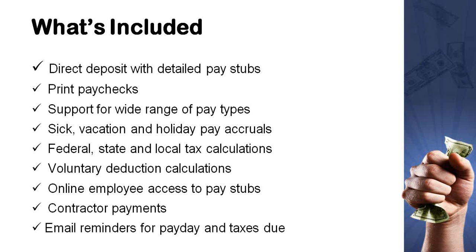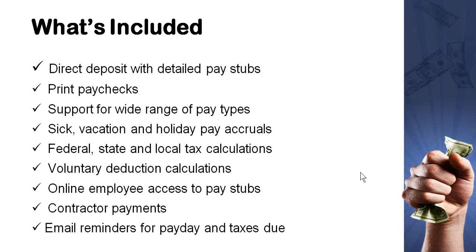Just like with QuickBooks Desktop, you can pay employees by direct deposit with detailed pay stubs and paychecks. Intuit Online Payroll offers a wide variety of pay types, and I think it's about 21. It keeps track of sick, vacation, and holiday pay accruals, federal, state, and local tax calculations, voluntary deduction calculations such as health insurance premiums, garnishments, and 401k deductions.